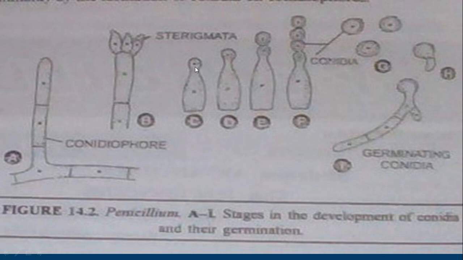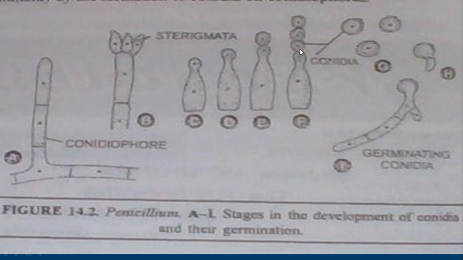So here the nucleus is divided into two. One migrates into this swollen tubular tip, and after that, this swollen tip secretes a wall inside, and the first conidium gets formed. This conidium gets pinched off from this tip, and after this, the next conidium starts its formation just below the first one. And in this manner, a chain of conidia is formed on the tip of the stigma.